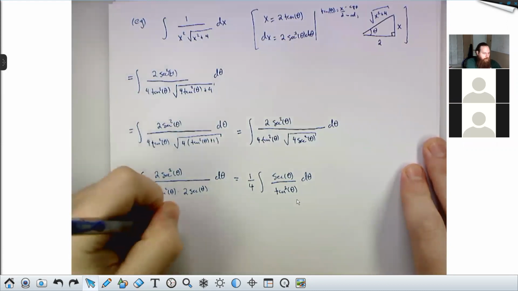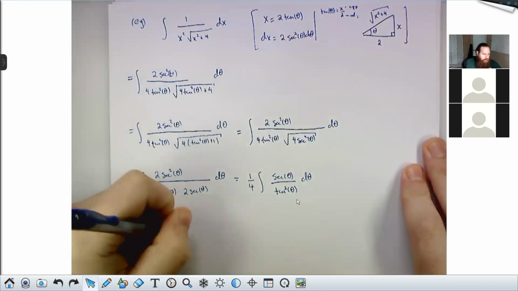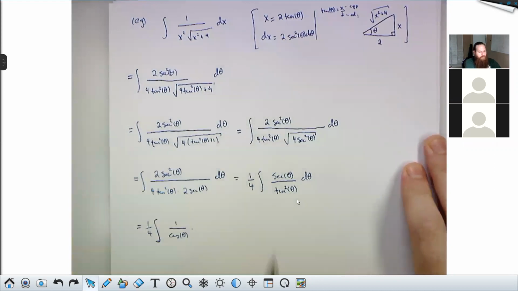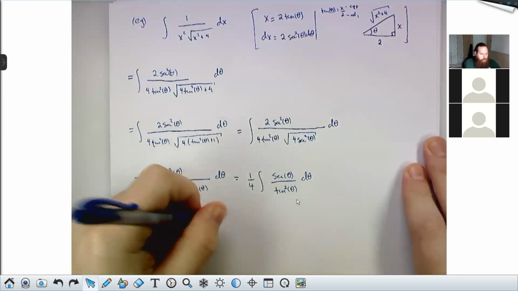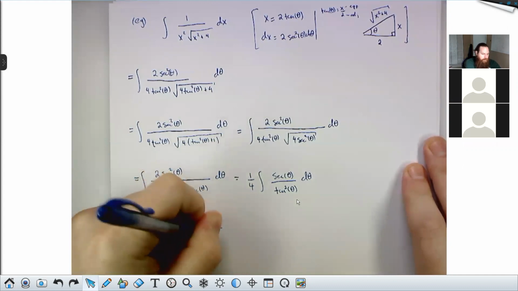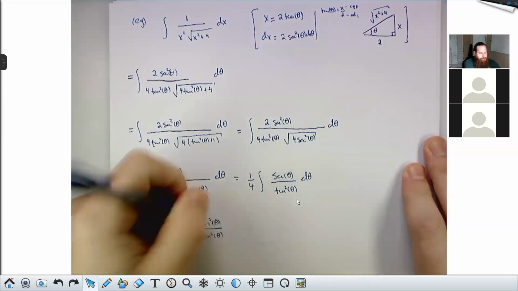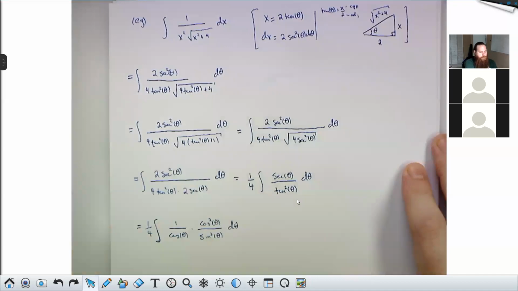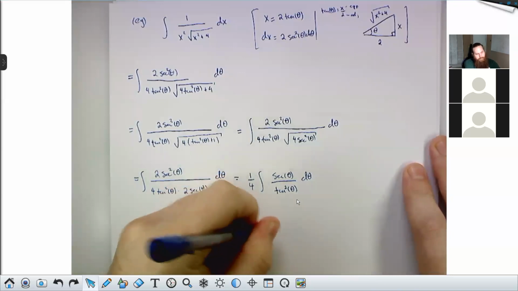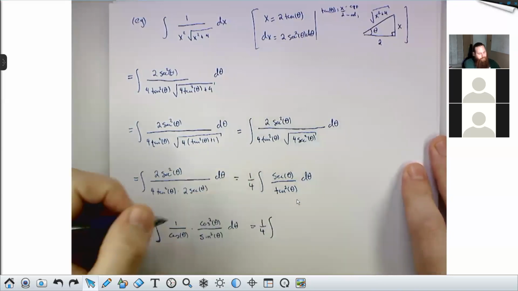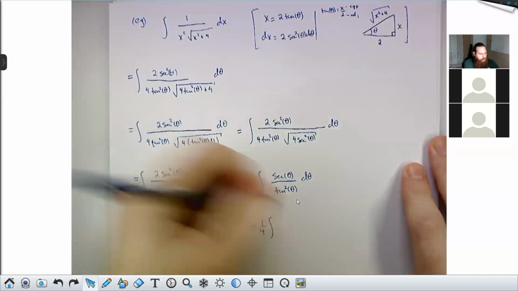Secant theta, that's 1 over cos theta. And then dividing by tangent squared, that's the same as multiplying by cos squared theta over sine squared theta. You can cancel one of the cosines. So I get cosine over sine squared.